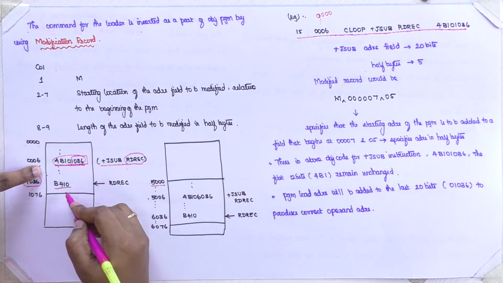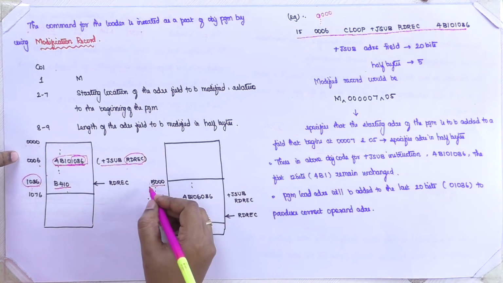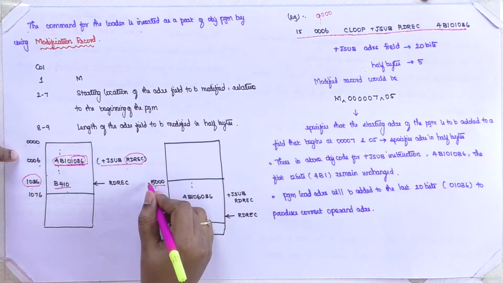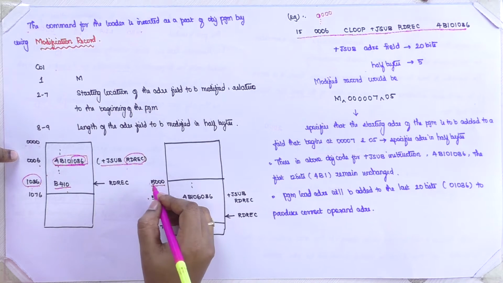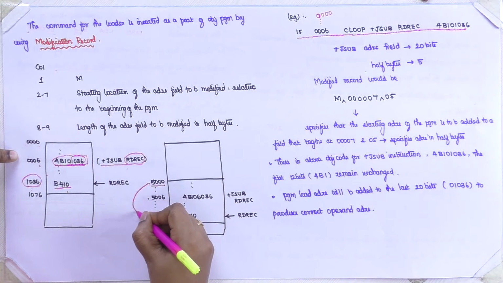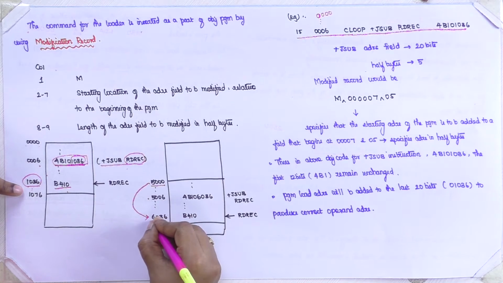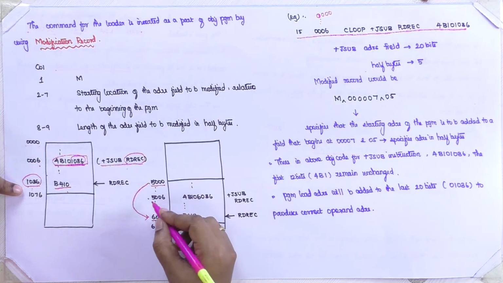Then 1036 is the location of my RD REC value. Here also I have to add the starting address where my program is loaded in memory. So 5000 has to be added to 1036 also, and it becomes 6036.